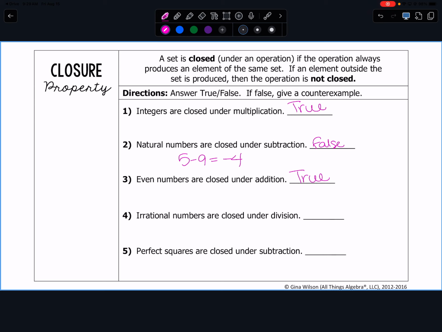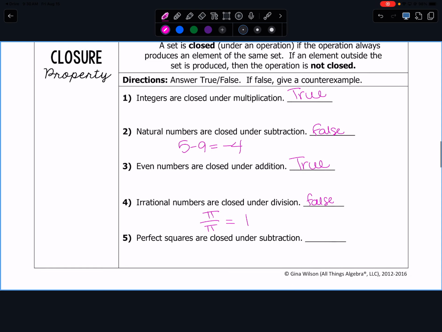Irrational numbers closed under division. No. Because you could divide a number by itself. So I could take pi and divide by pi and get 1, which is rational, not irrational. Okay, perfect squares closed under subtraction.